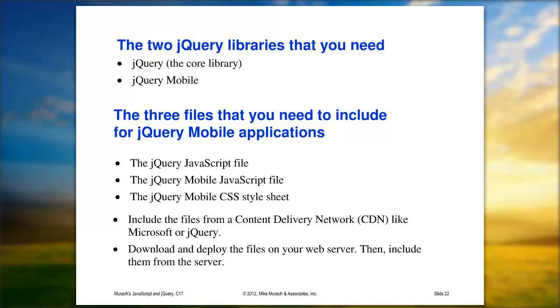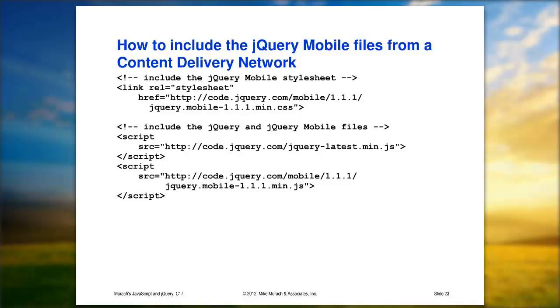You would use either a content delivery network, or you would download them and include them on your server. And here again, here is the code for including the files from the content delivery network. The style sheet goes first. The jQuery framework goes next. The jQuery Mobile framework goes after that.